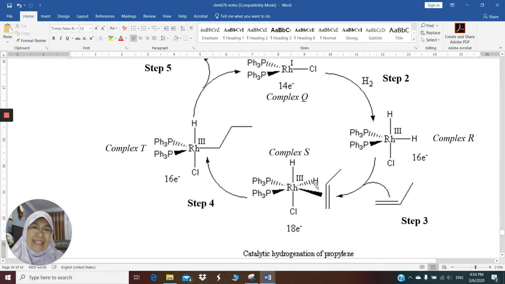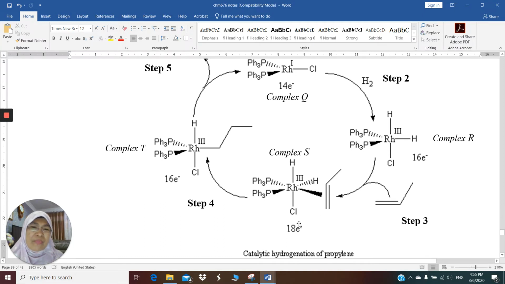The propene adds itself onto this rhodium catalyst. That is your alkene. Oh, no, there's no hydrogen drawn there, because the alkene added onto this compound through the double bond.